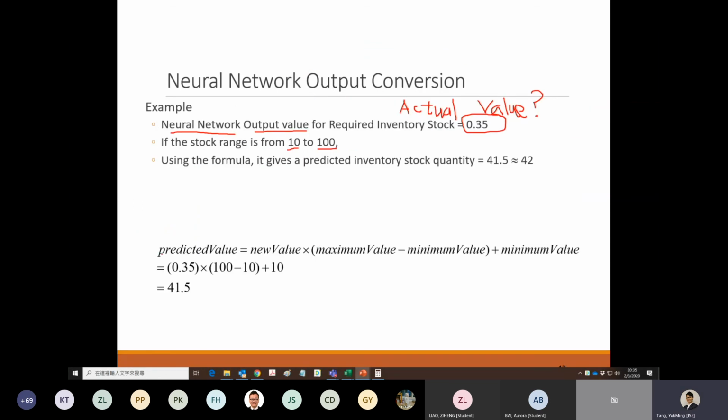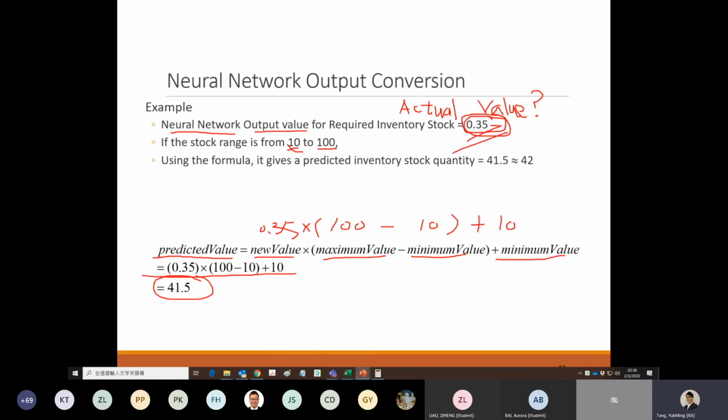Now in this equation, the actual value, or we call predicted value, is equal to new value times maximum value minus minimum value plus minimum value. So the equation is very simple. The output value is 0.35, times bracket, since the range is between 10 to 100, the maximum value is 100 minus the minimum value 10, and then plus the minimum value 10.